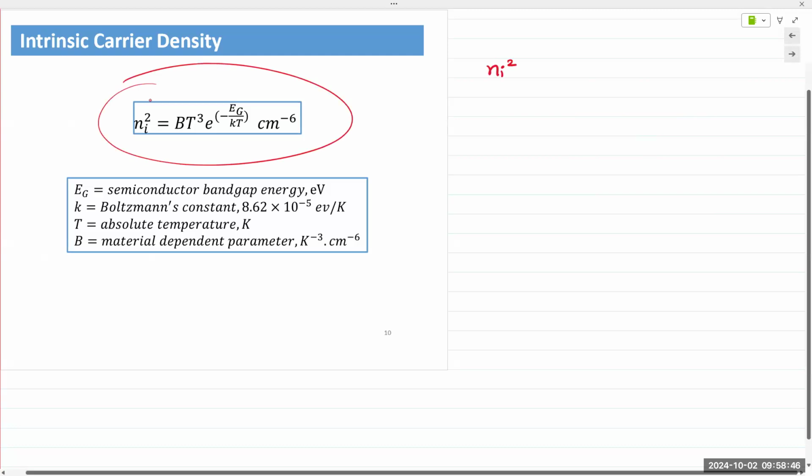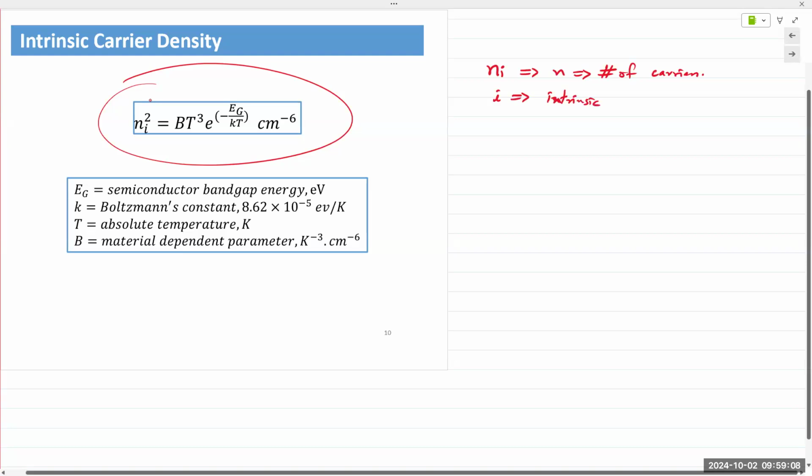Ni squared. The N is for the number of carriers to be exact, and I is for intrinsic.